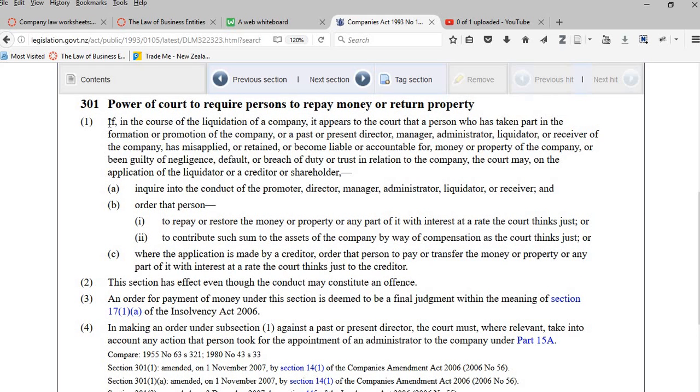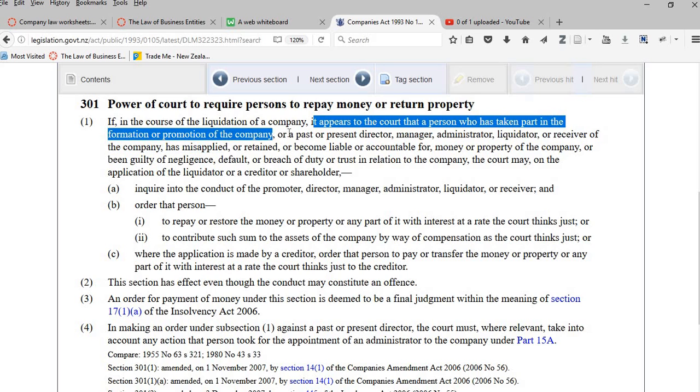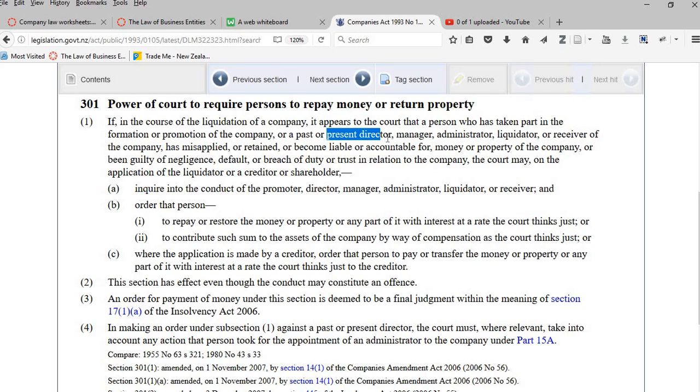It simply says that if it appears to the court that a person has taken part in the formation, promotion, and past directors, managers, administrators, liquidators of the company, so that's pretty much anybody involved in a relatively senior role in the company, has misapplied or retained, so that's misuse of funds or retentions, or is guilty of negligence, a default, so that would be a breach of any of the sections of the Act or other acts, or a breach of a duty or trust, so that's fiduciary duties in relation to the company.